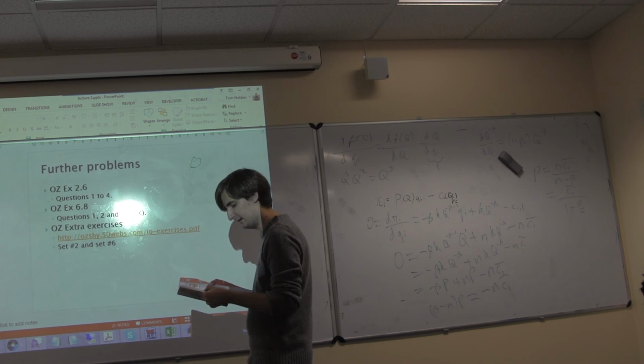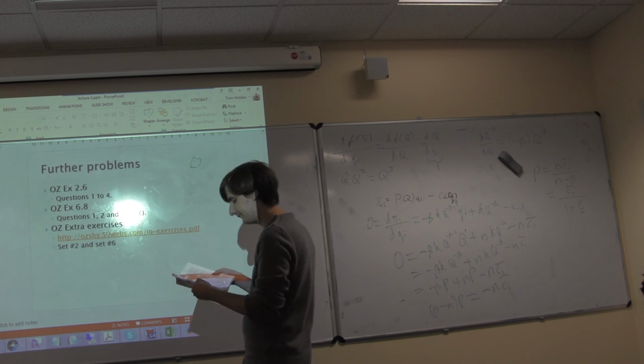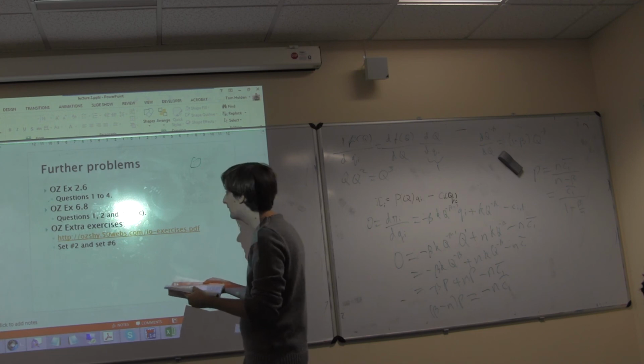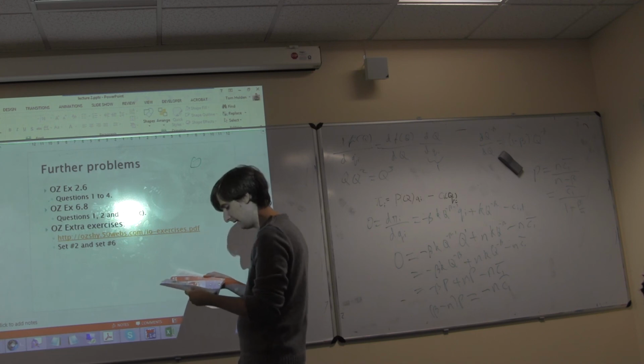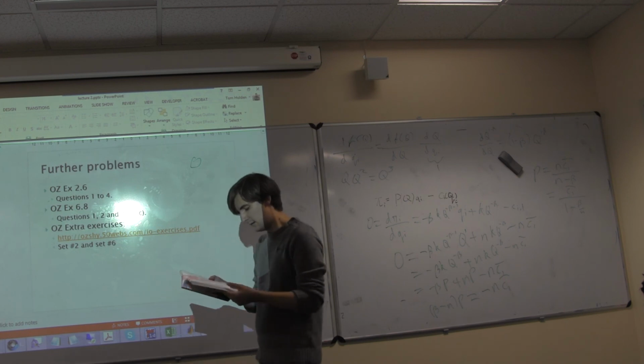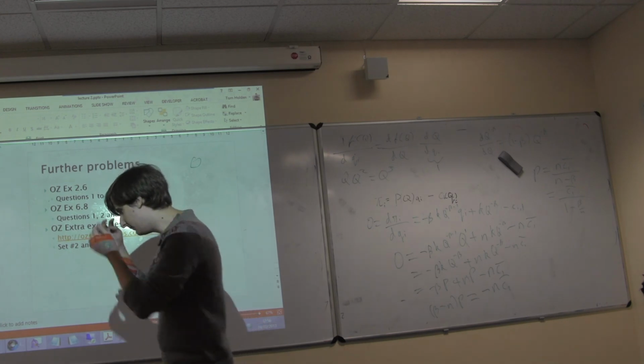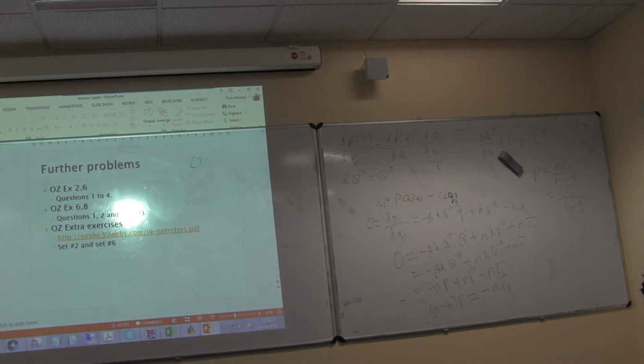Don't worry about C and D. E was Bertrand again. The answers to all of these are online. People have said in the past that the answers online don't have a lot of detail, so for ones you particularly want me to go through, I'm happy to.